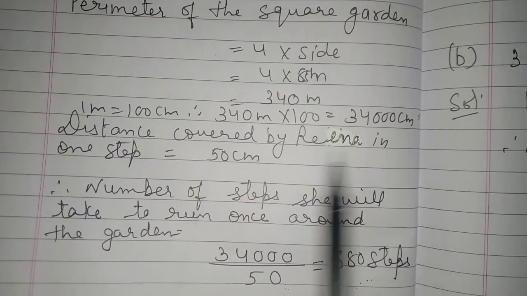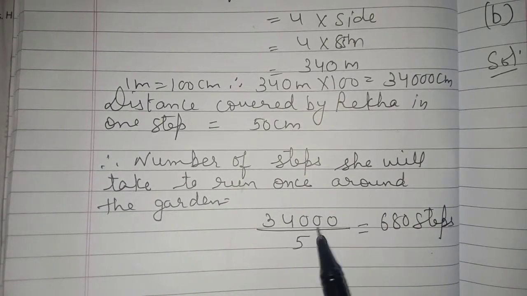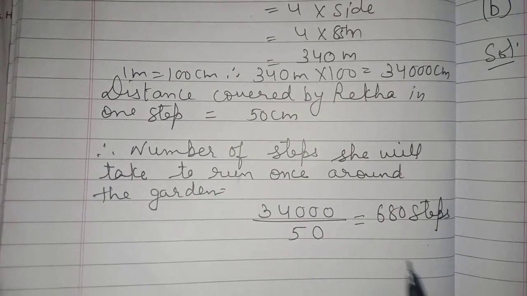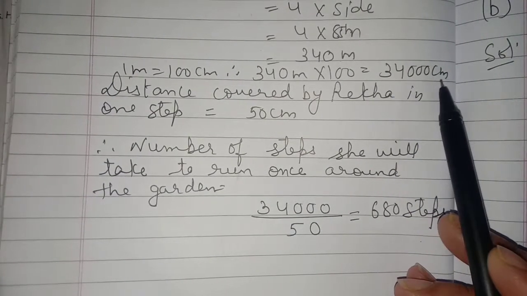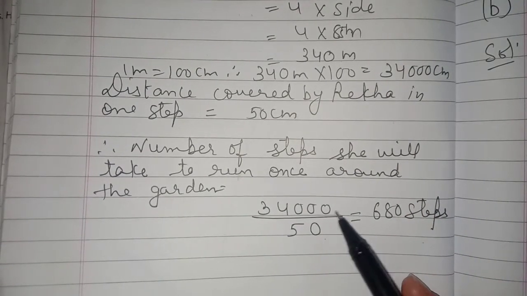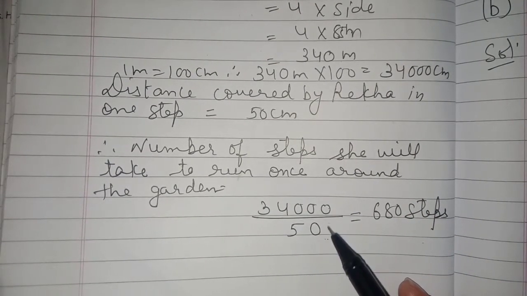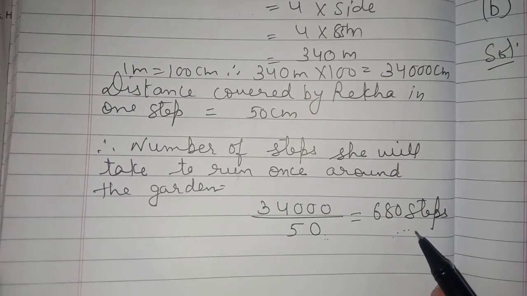Distance covered by Reena in one step is 50 centimeter. Therefore, how many steps will she take to cover the distance of 34,000 centimeter? So we have to divide it. 34,000 by 50, and when you divide it, you will get the answer as 680 steps.